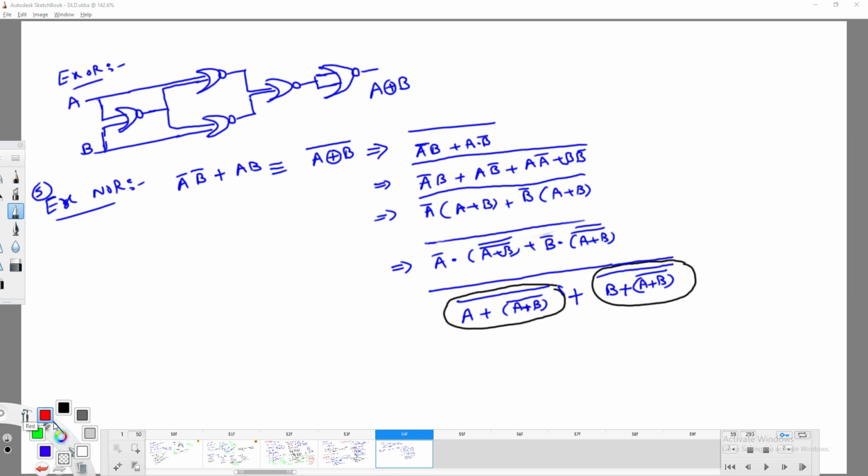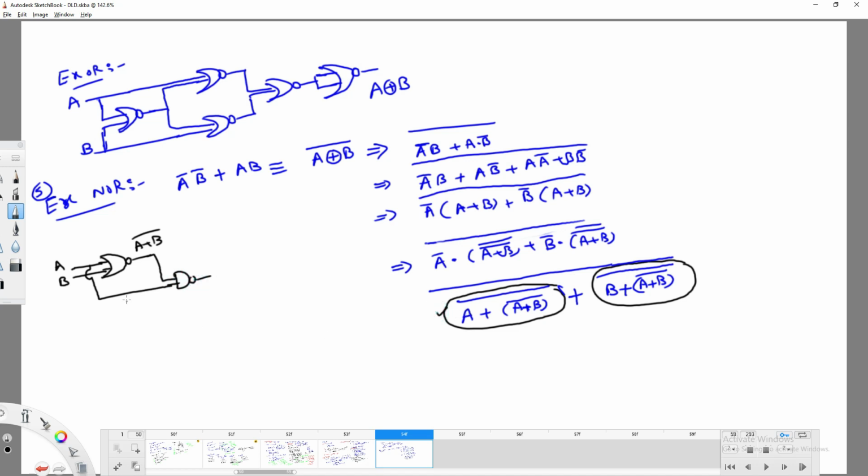Okay. So now try to represent the same circuit. First I will do the a plus b whole complement. For that you have to take input a, and you have to apply one complement.